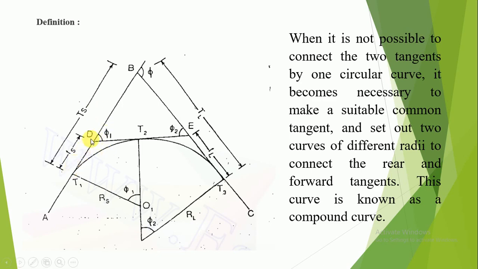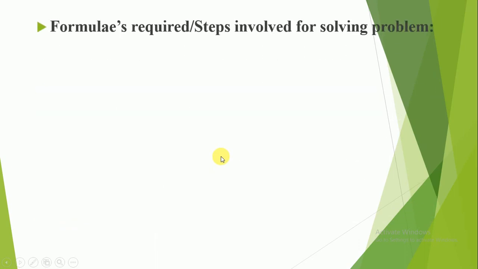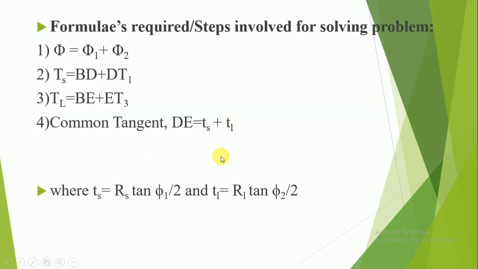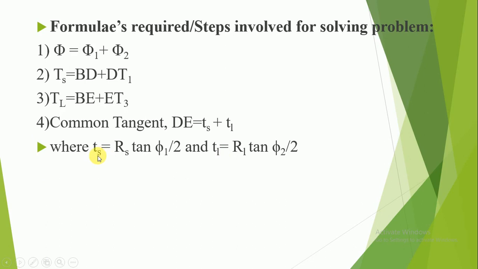This tangent length is common here: DT1 will be equal to DT2 for the shorter curve, and ET2, the tangent length of the longer curve, will be the same as ET3 for the longer curve. We can calculate these by the regular formulas: Rs tan phi 1 by 2 is the tangent length for the shorter curve, and for the longer curve it is RL tan phi 2 by 2, with the corresponding deflection angles substituted there.